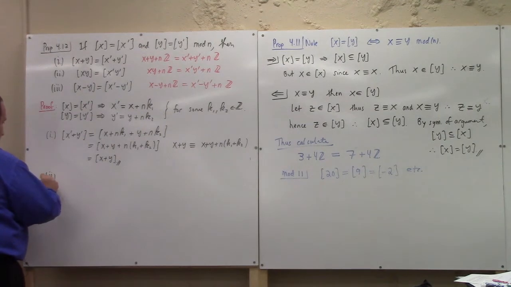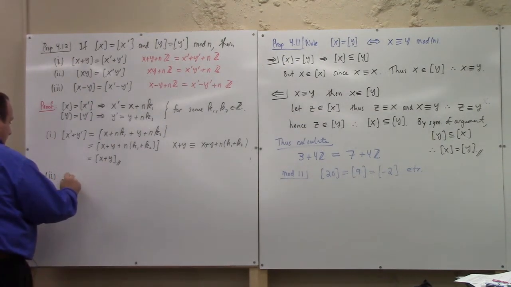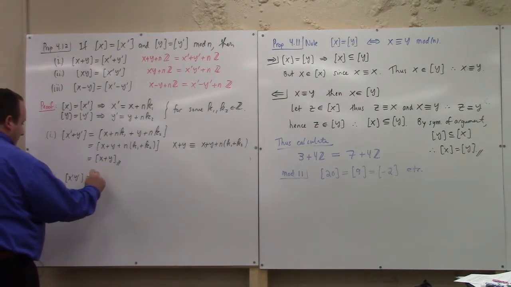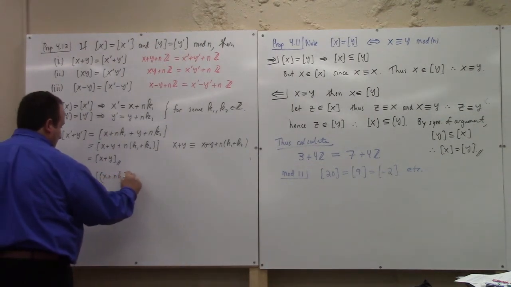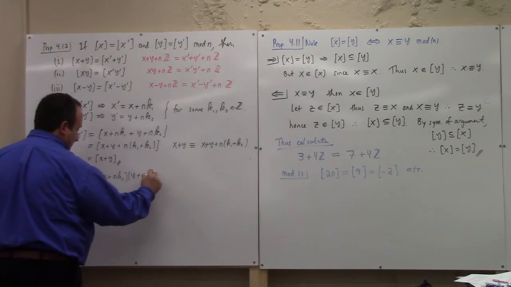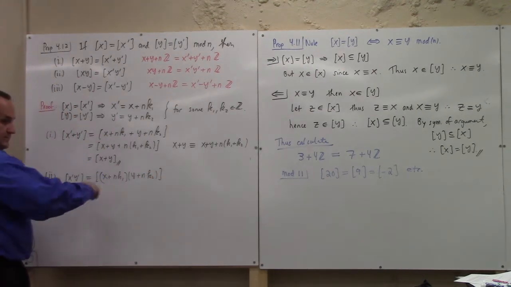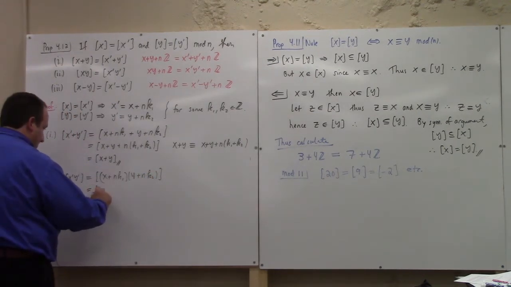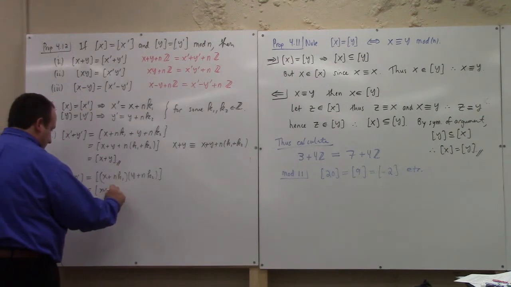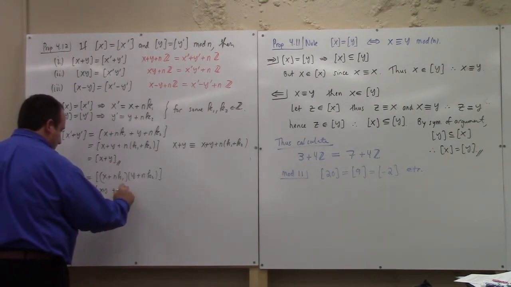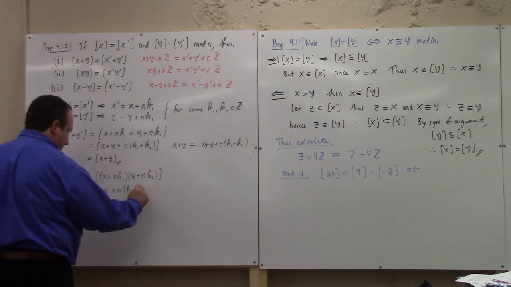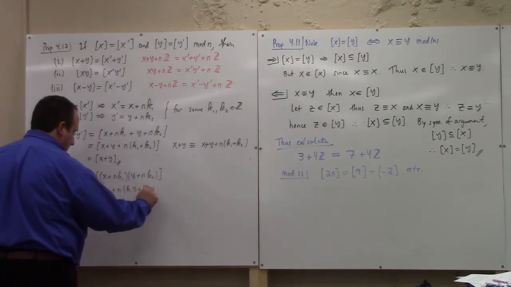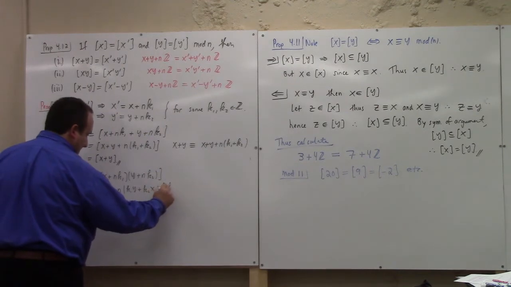Two, we've got x'y'. That's x plus nk1 times y plus nk2. Multiply it out: xy plus n times, well, k1y plus k2x plus k1k2.